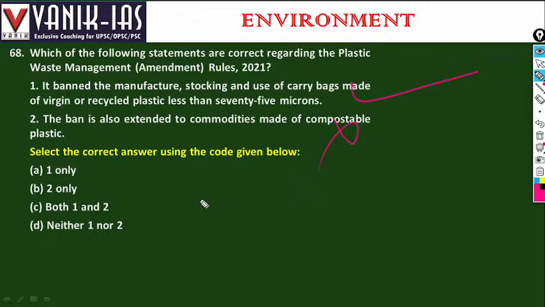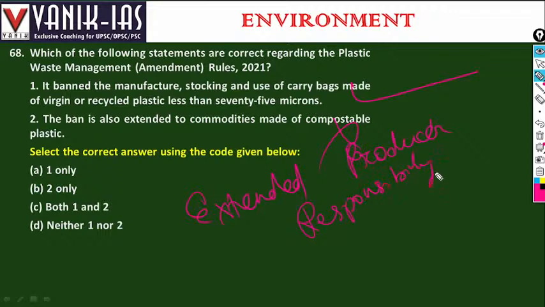Okay. There is another important provision, extended producer responsibility. What is extended producer responsibility?